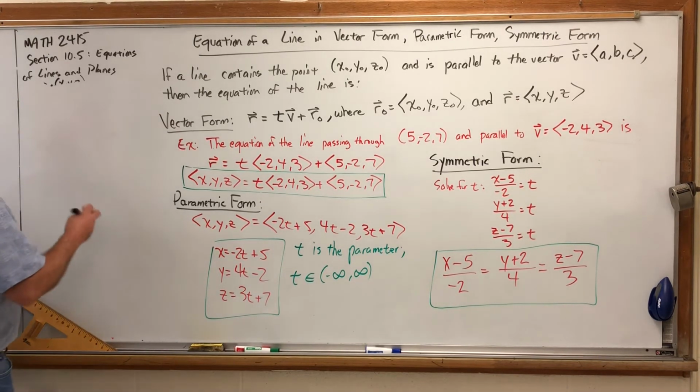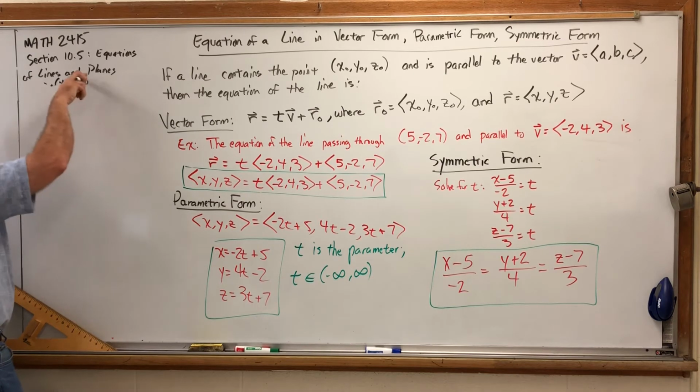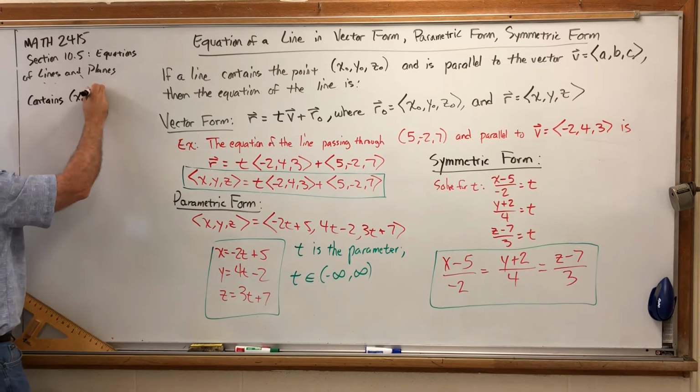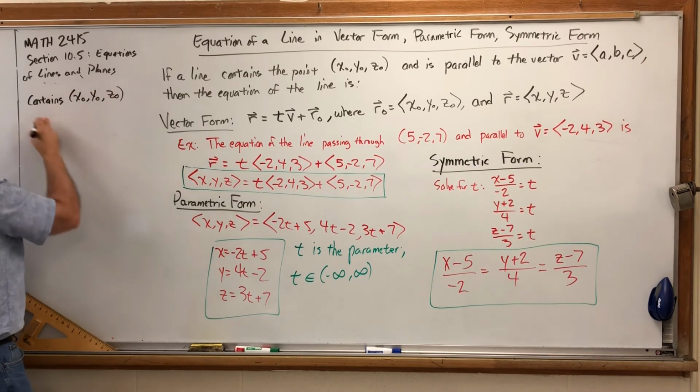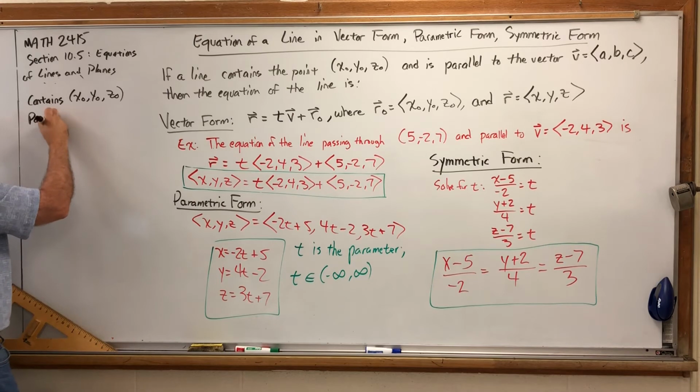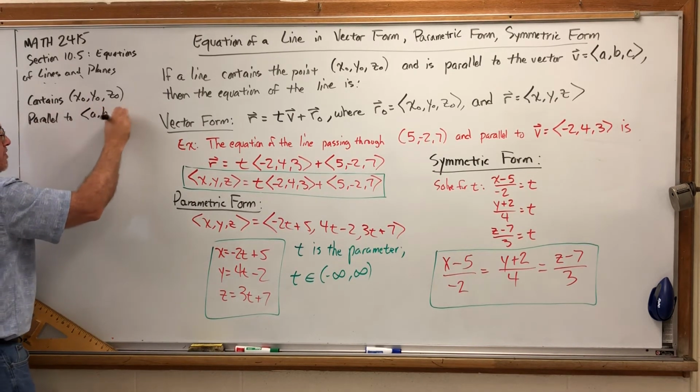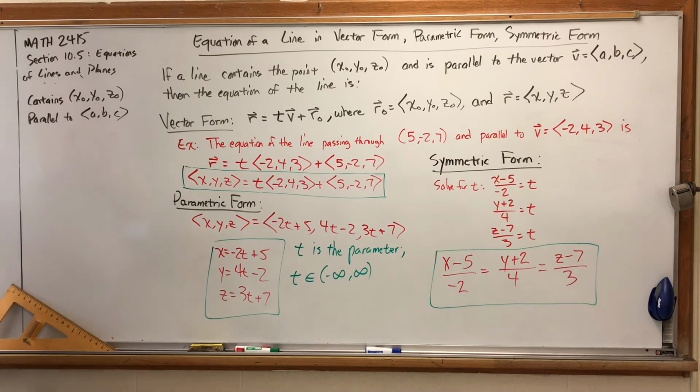So in general, if the line contains the point x naught, y naught, z naught, and is parallel to ABC, then we can write all 3 forms directly.